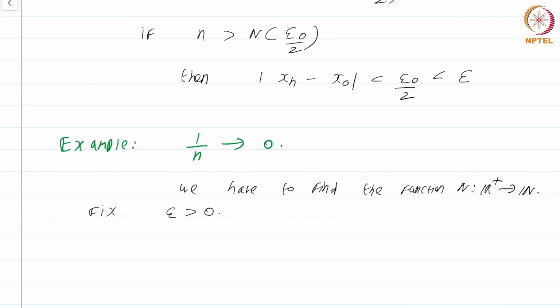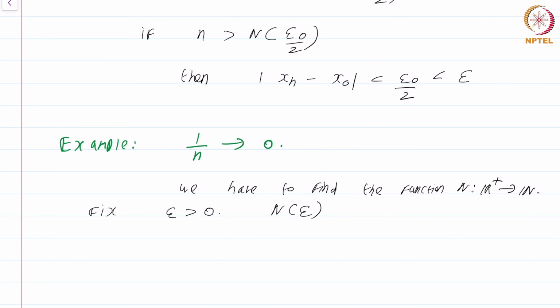Now we have to find an appropriate N epsilon. Note that for each choice of epsilon, it suffices if I find one value for which the definition of convergence works. I can just take all these values together and construct the function N. So what I'm essentially doing is fixing an arbitrary epsilon greater than 0 and finding an appropriate choice of the value N epsilon. If I can do this for each epsilon, then I have a well-defined function.